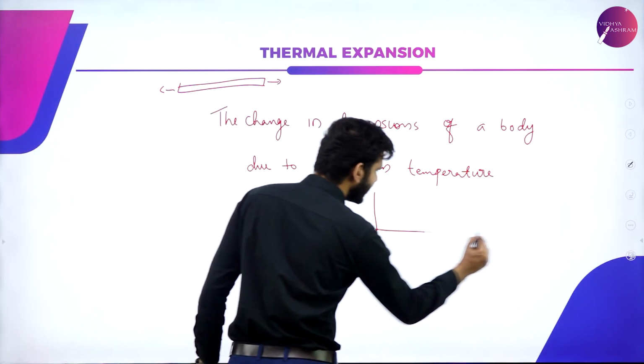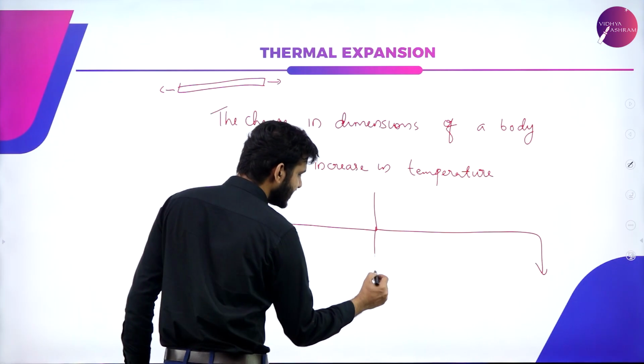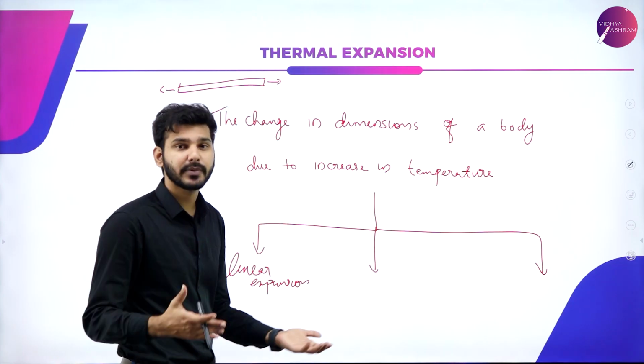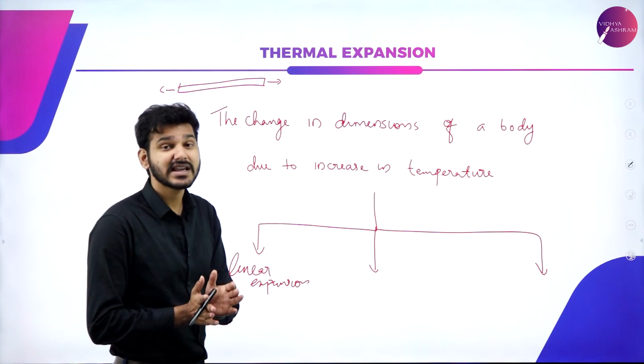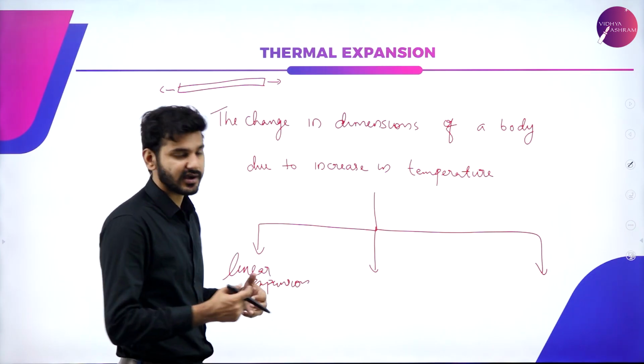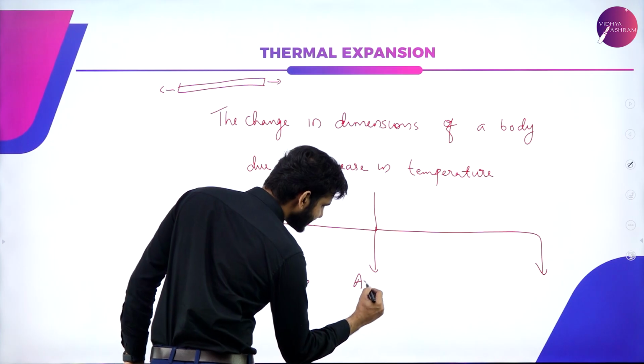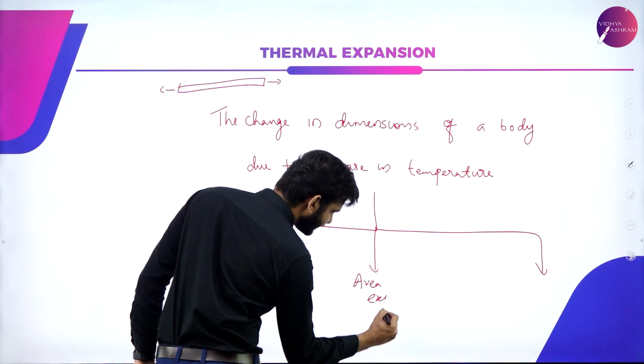Similarly, if you are heating up a metal sheet, it will increase lengthwise and breadthwise, which means it is increasing in area. So we can see that there is area expansion.